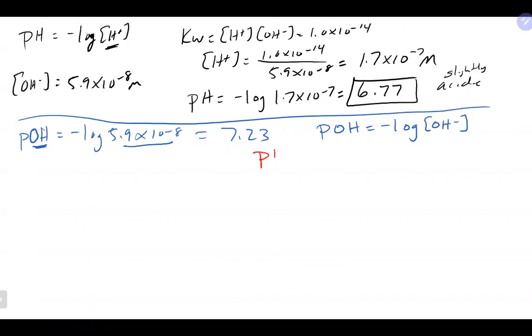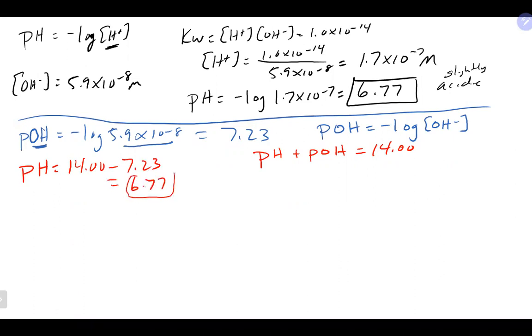where if you take the pH plus the pOH, it will equal 14, which means that if you take 14 minus your pOH value, you will get 6.77, which is the actual pH of the solution.